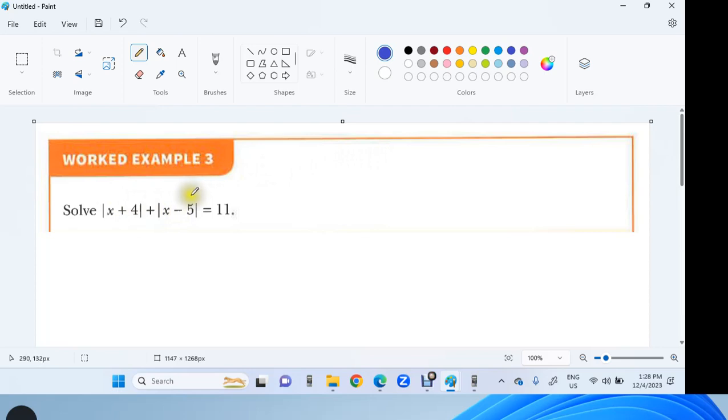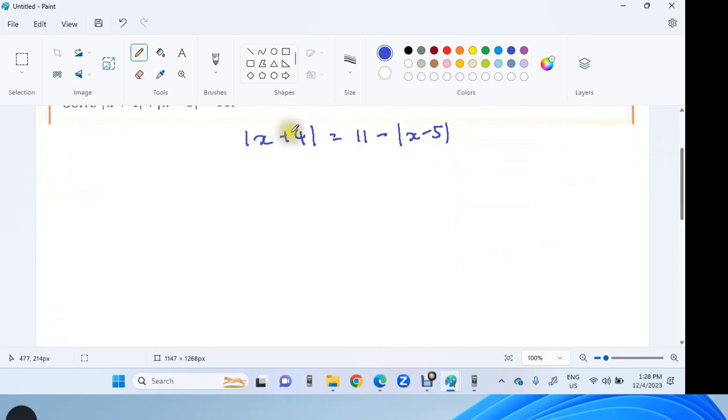So I move it here, then it will become modulus x plus 4 equal to 11 minus modulus x minus 5. When I remove the modulus here, I have x plus 4 equal to plus minus of 11 minus modulus x minus 5.